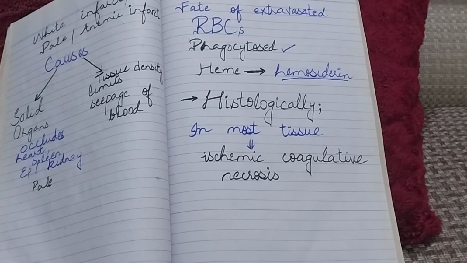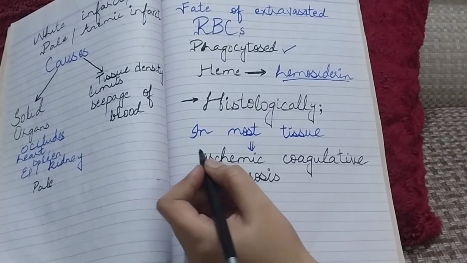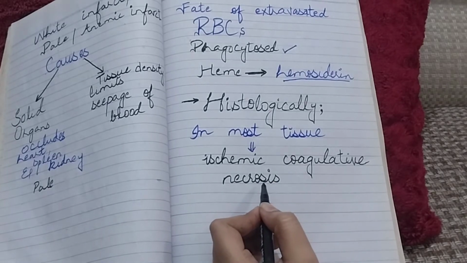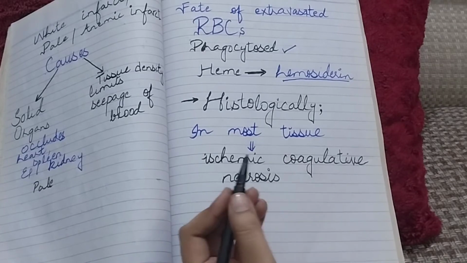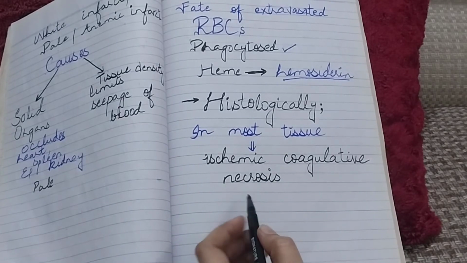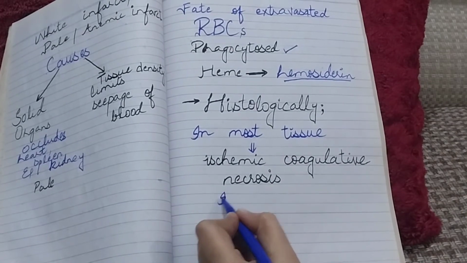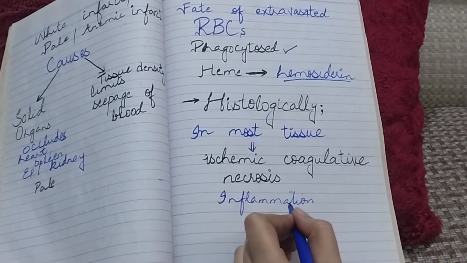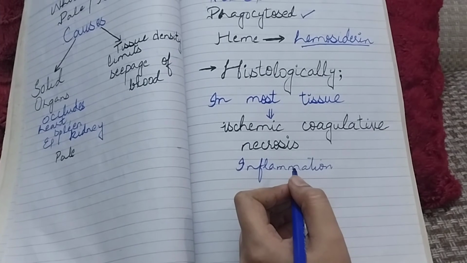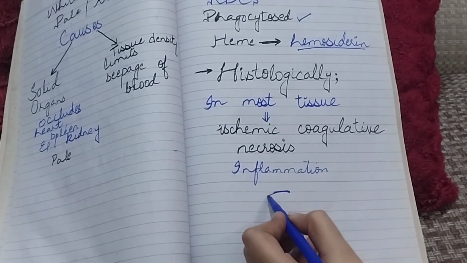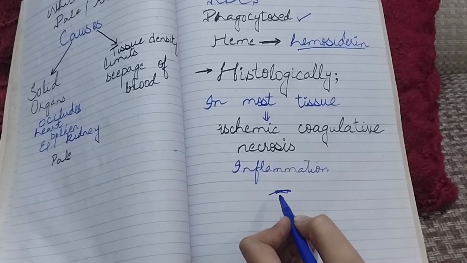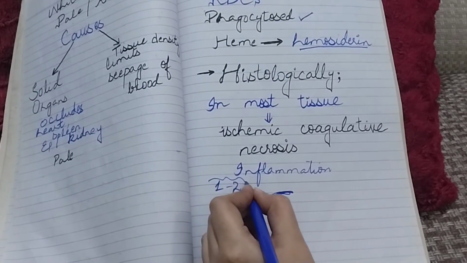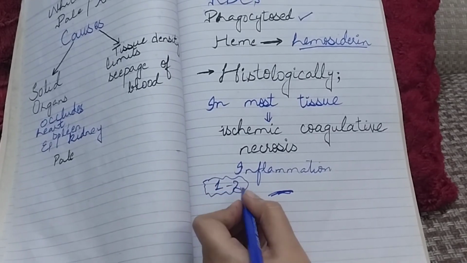So, in most tissues, the main histological finding is ischemic coagulative necrosis. In response to this, within a few hours, inflammation begins to develop along the margins of infarct, and just after 1 to 2 days, it is usually well defined.